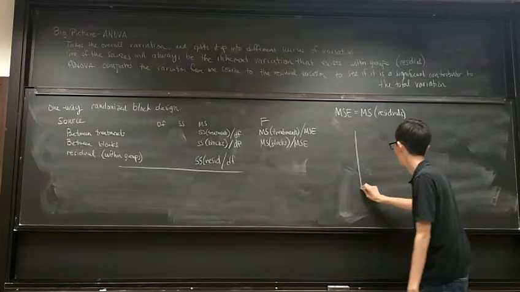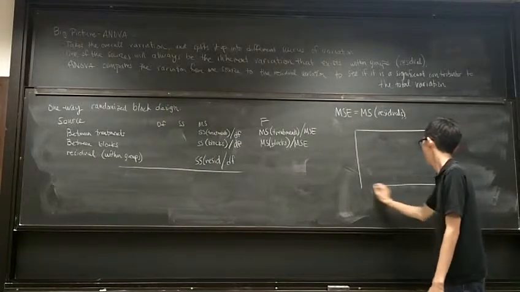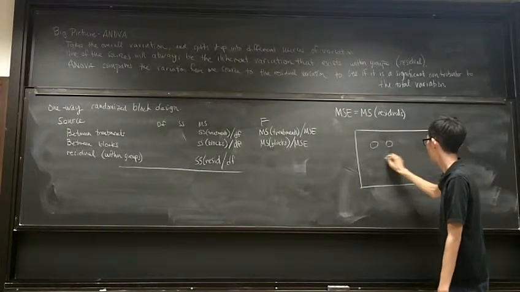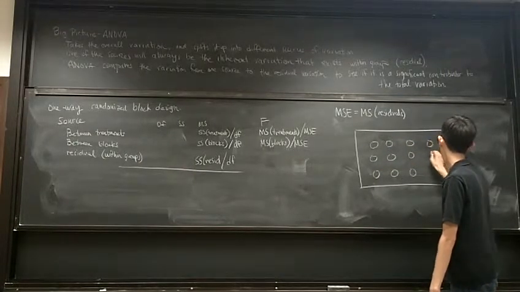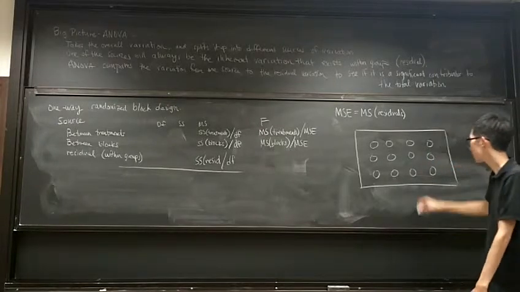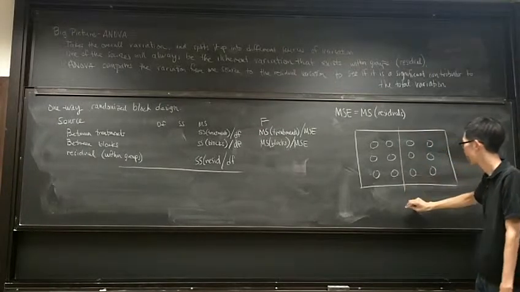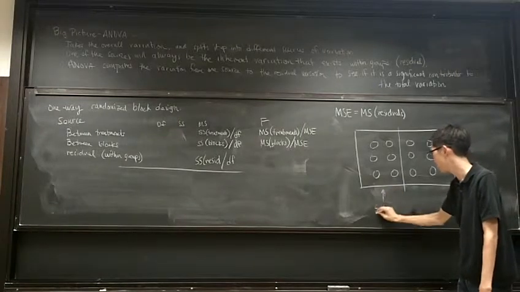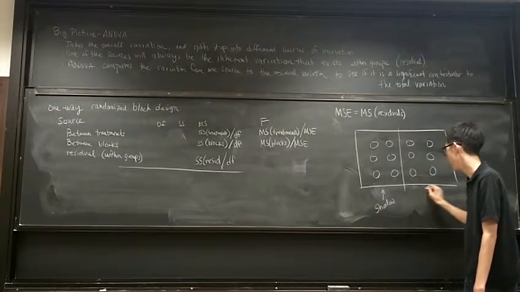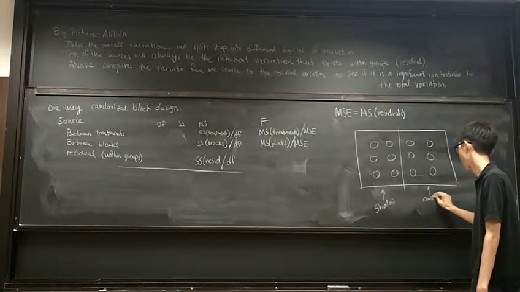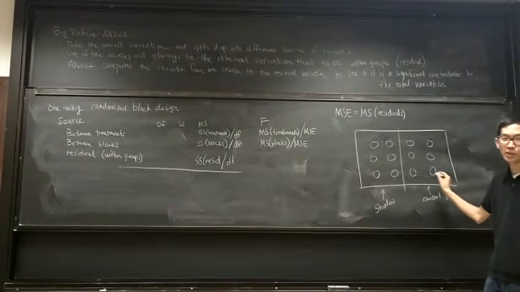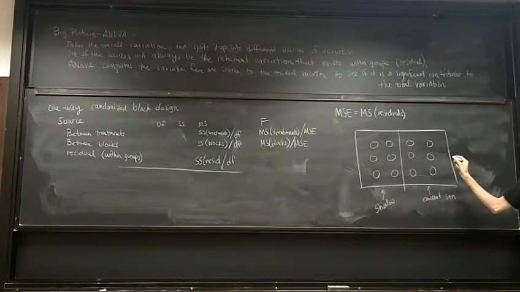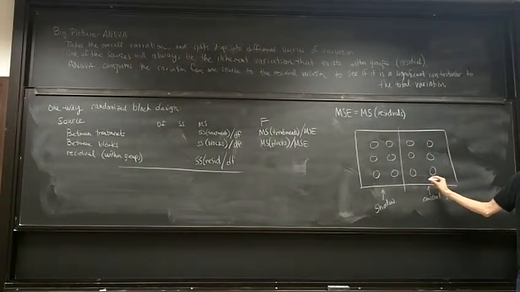So let's say this is our greenhouse, and we've got plants growing all over the place. And let's say this half of the building has a shadow during the day, and this half is constant sunlight. We have a suspicion, or a feeling, that that's going to make a difference on the growth of the plants.